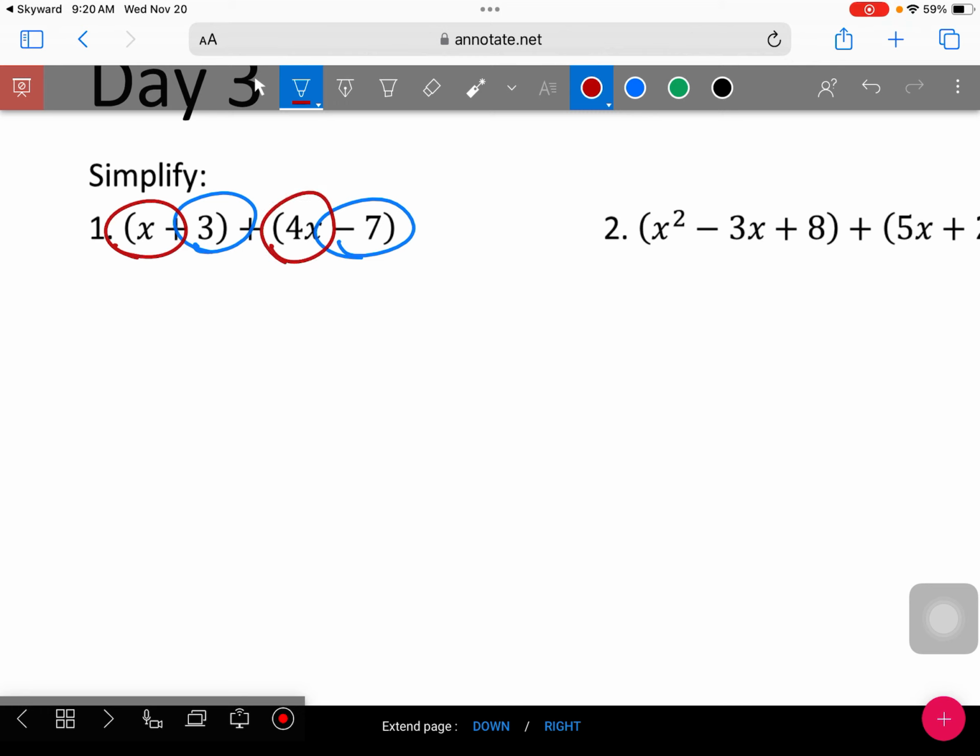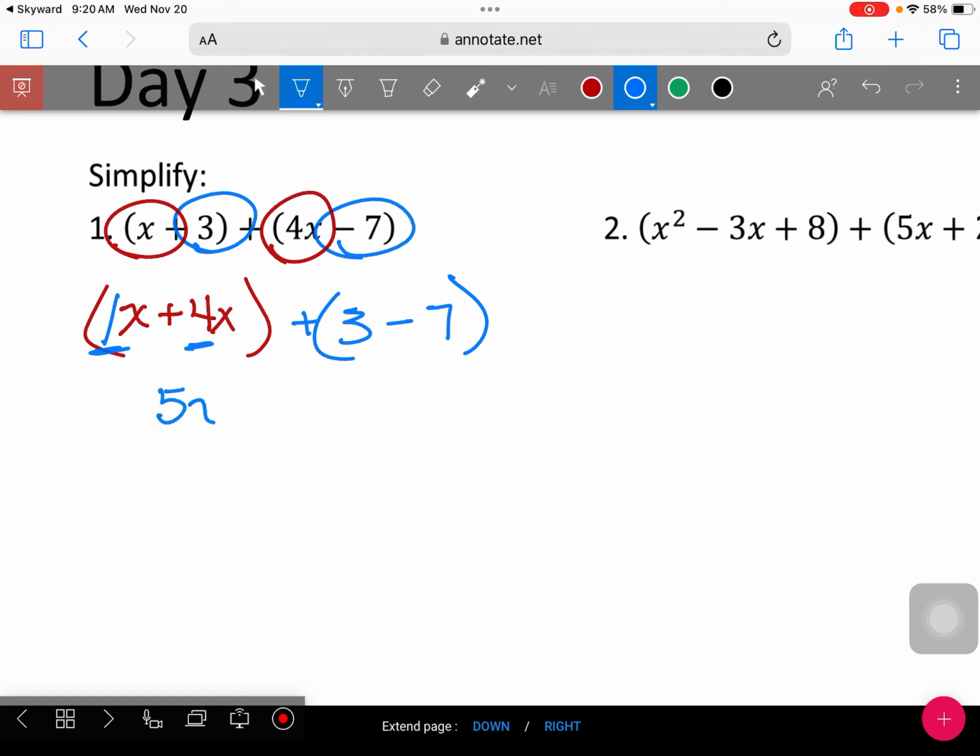So putting those together, I have x plus 4x, and I have 3 minus 7. So I am doing this horizontally, okay? The number in front here would be a 1. 1 plus 4, you only add the coefficients, gives me 5x.